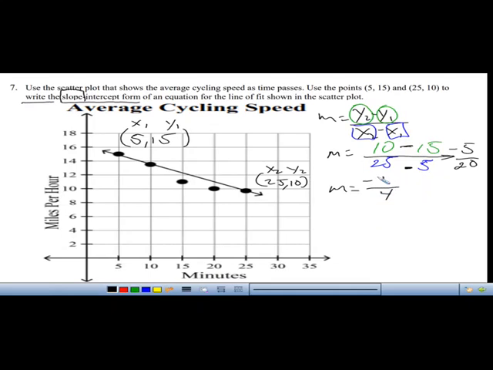The y value, which is the rise, is in miles, and the denominator is minutes, and they're talking about the average cycling speed. That means for every 1 mile, in how many minutes? In 4 minutes.